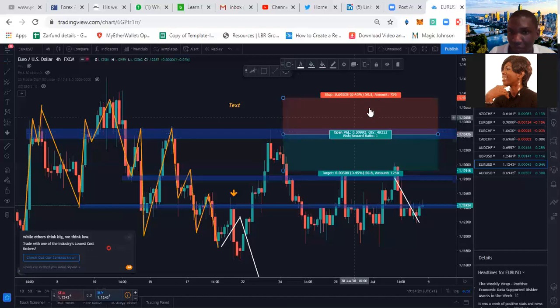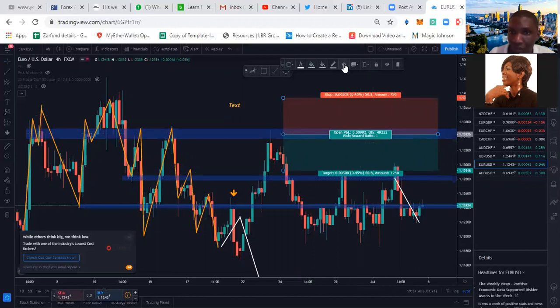This is 50.8 pips. It means that you are taking a stop loss of 50.8 pips and a take profit of 50.8 pips. So that's a 1-to-1 risk reward ratio.